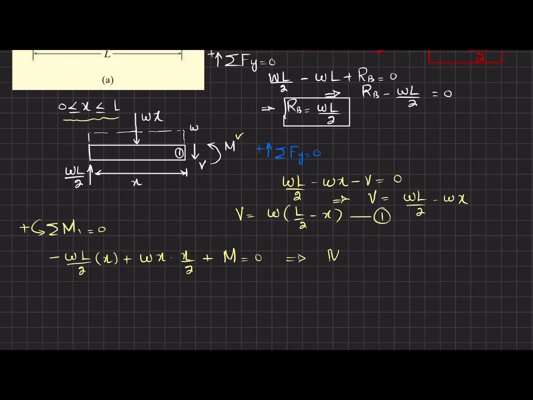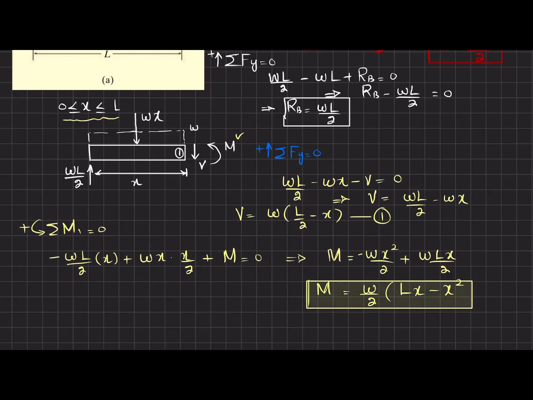So from here you will get moment is equal to wx square over 2 plus wlx over 2 minus wx square. Again, if you take w over 2 common, you will get lx minus x square. This is the moment equation.